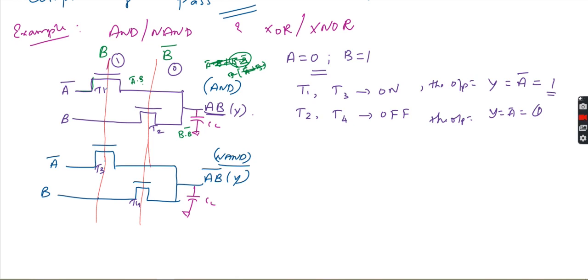This differential output will eliminate the inverter and can make the design fast. So this logic family will reduce the internal capacitance, and it is suitable for power efficient implementation.